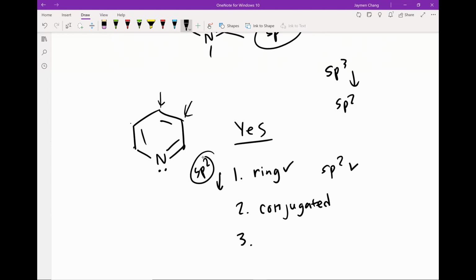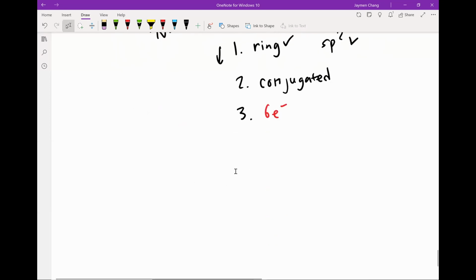Well, we don't normally see many cases where we're already in sp2 and then we go down to sp. So being that the case, we know that these electrons are not part of the system. So how many pi electrons do we actually have? We have 1, 2, 3 times 2, so 6 electrons. And according to Huckel's rule, 4n plus 2, n is equal to 1, so it is aromatic.